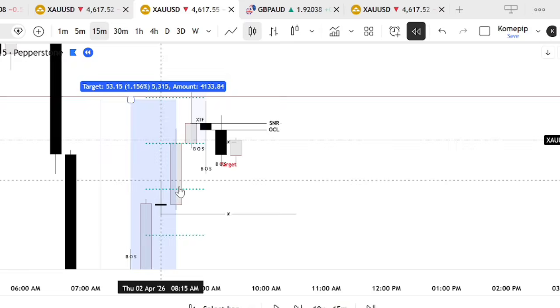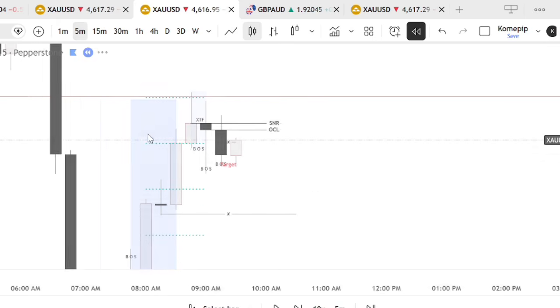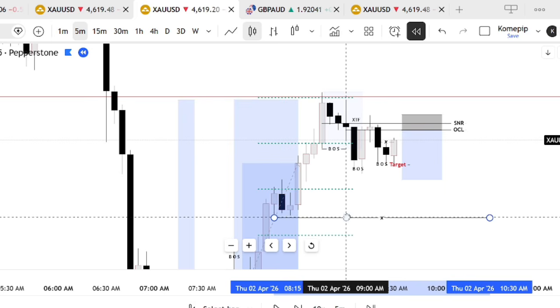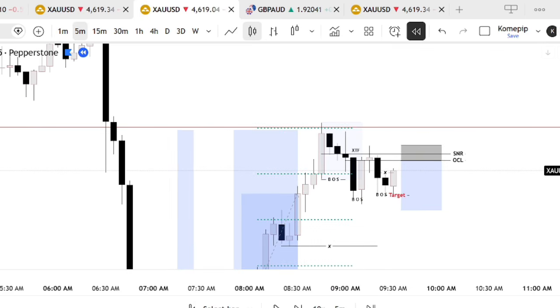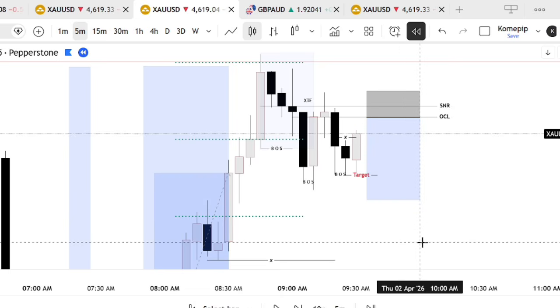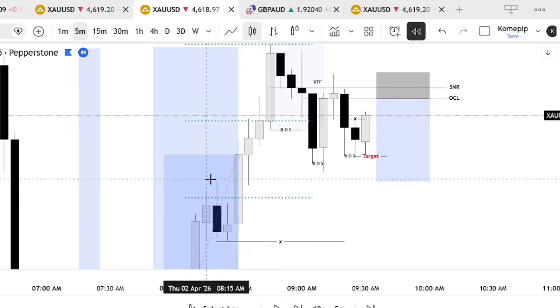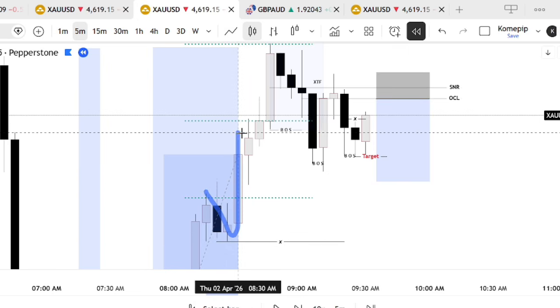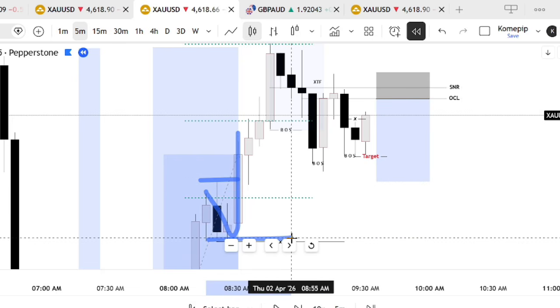How did I know? Institutions show me their hand, give me a clue that this low might be taken because they have their orders resting there. Because you see this, price comes, taps it, breaks structure, pulls down, breaks structure again, through break of structure, through inducement.